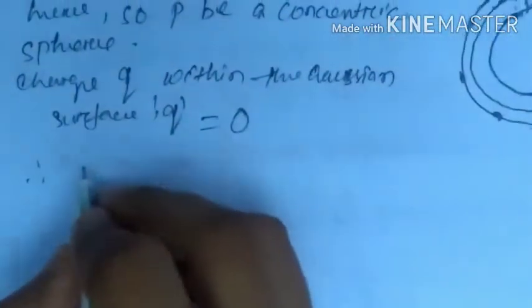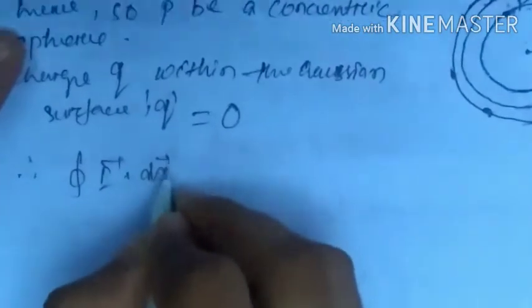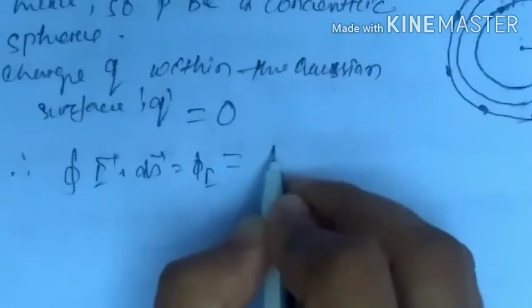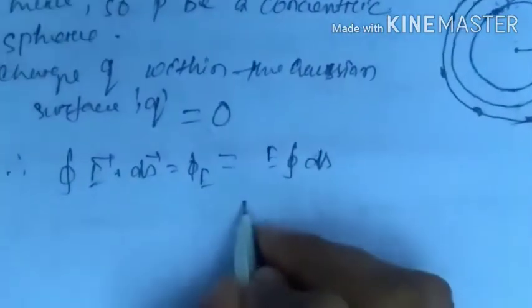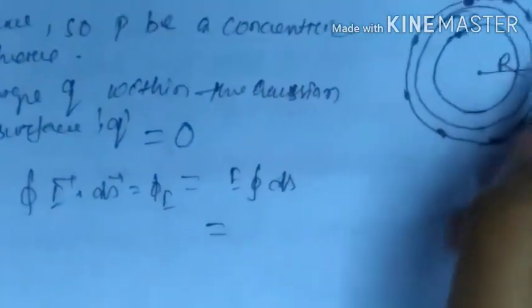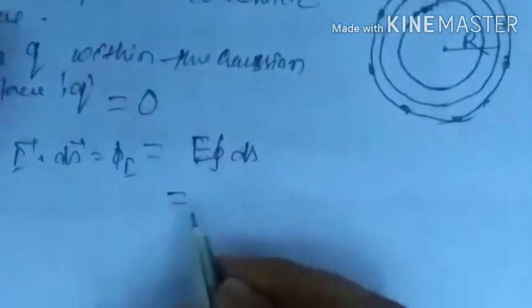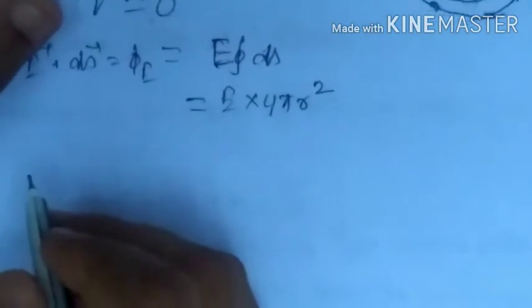Therefore, the flux linked with the surface is equal to what? We can write it is equal to E integration dS, simply because it is uniform. Here also theta and E remain the same throughout the surface. So this is E into 4 pi r square, right?